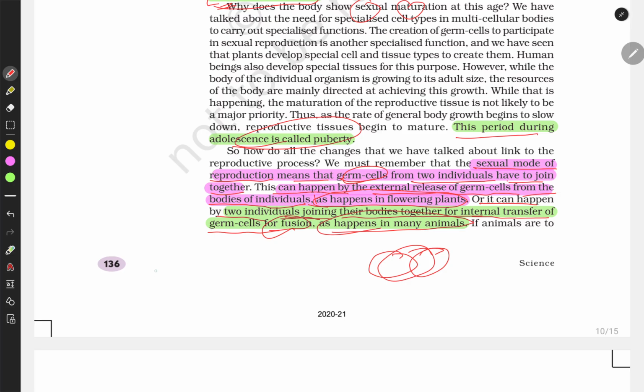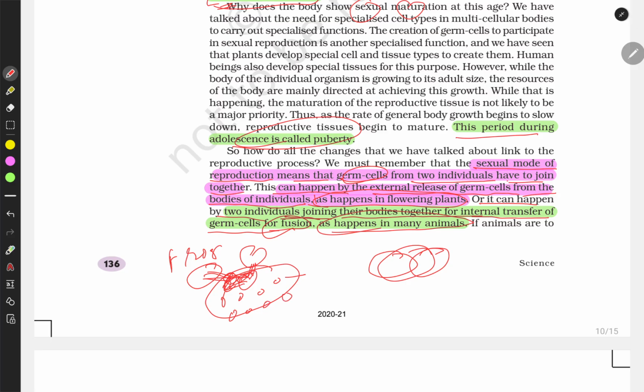And there are also some animals like the frog, where external fertilization happens. The male and female frog release their reproductive cells in the water, and in the water they come together and fuse and create new individuals.